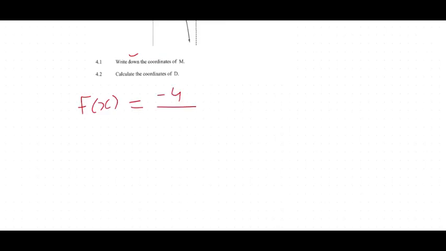We have to write down that m is the intersection of the asymptotes.